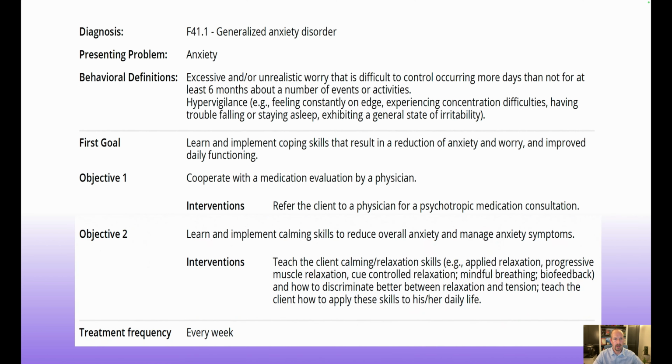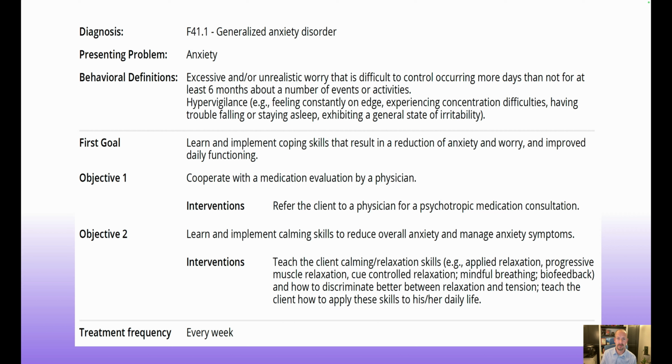Let's then move on to another example of the diagnosis. So this would be Linus's secondary diagnosis. In this case, the behavioral descriptions that he mentioned is that he has excessive worry that's difficult to control for more days than not for at least 6 months about a number of different events and activities.